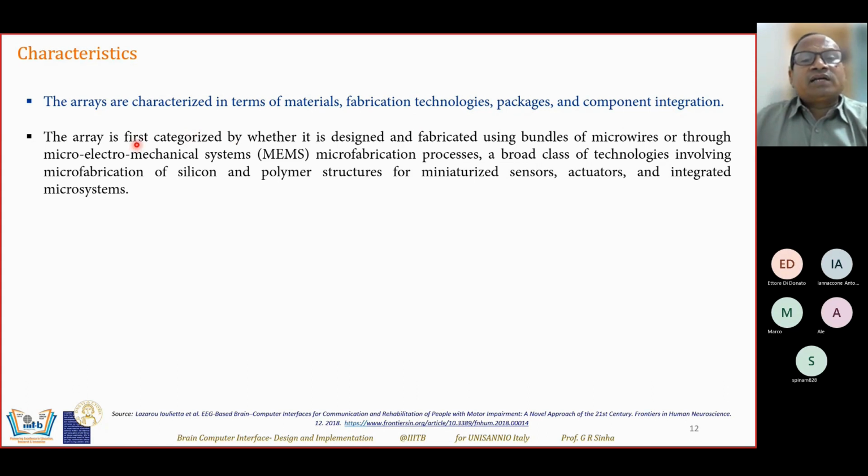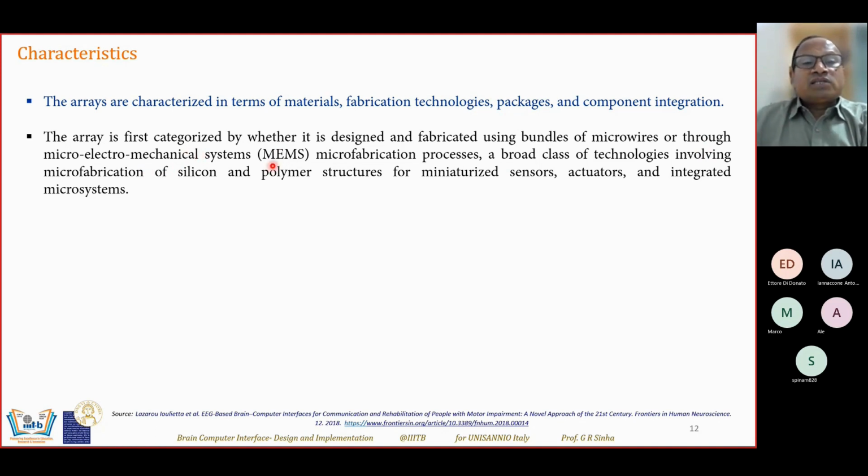The array is also categorized by whether it is designed or fabricated using a bundle of microwires or through microelectromechanical systems. I hope all those who have some background in electronics or electrical know about MEMS very well. In fact, I always tell that in your smartphone, you have 20 or more smart sensors.